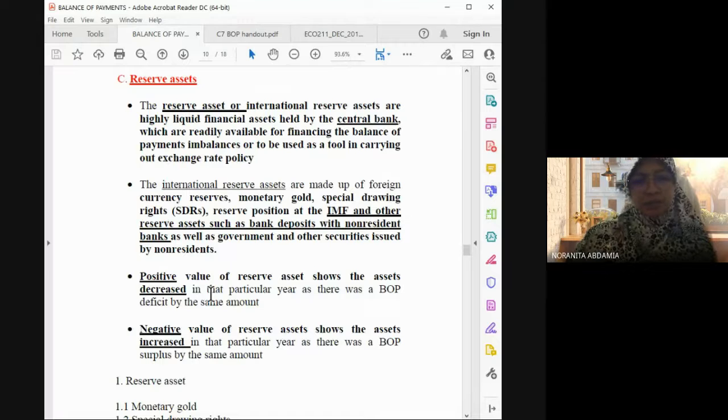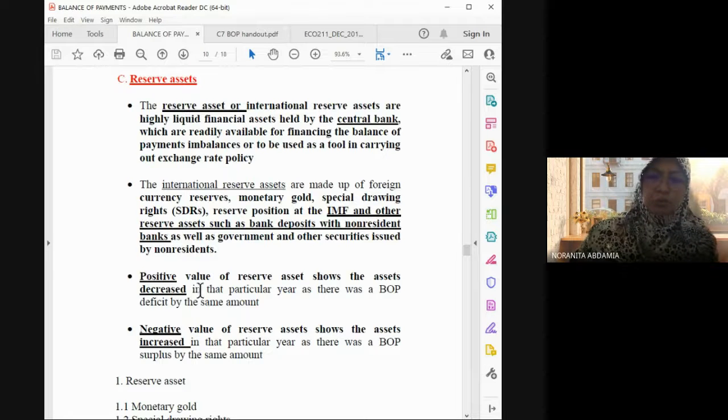But the meanings of the positive value is different. Positive normally what? Positive mean normally increase. Tak. For this official reserve asset ni dia kontra. Sebab apa? Sebab dia nak kontra balik dengan figure of the overall balance. So it's always like opposite sign. It's not opposite number. It's the same number but opposite sign.